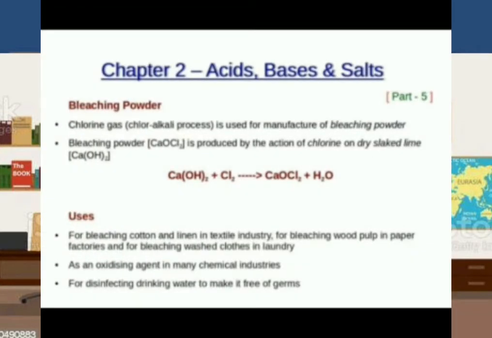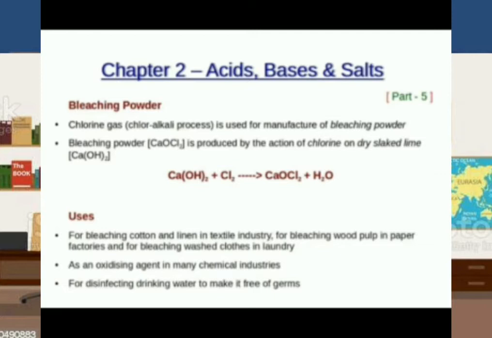And the next one, bleaching powder. We use chlorine gas for the manufacture of bleaching powder. Here we pass Cl2 through dry slaked lime, and we get the product bleaching powder and H2O.